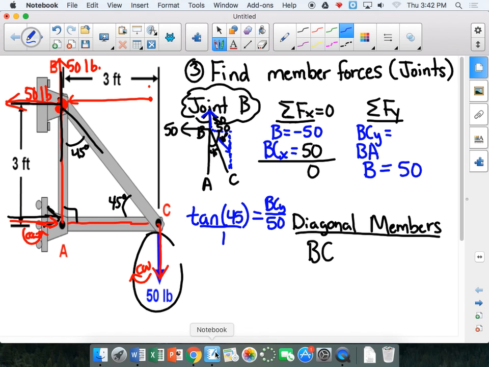So I cross multiply here, tangent 45 times 50 is equal to BCY. So BCY is equal to 50.